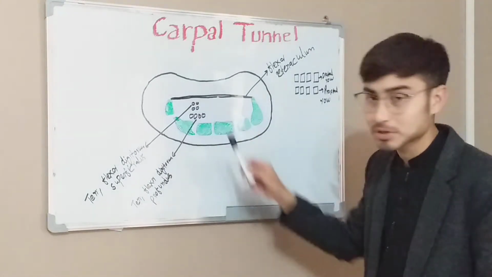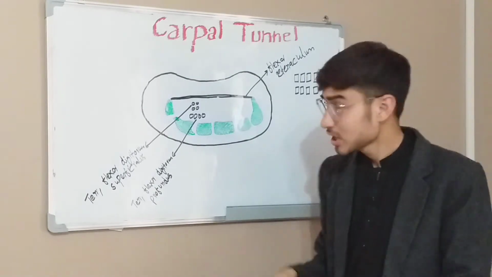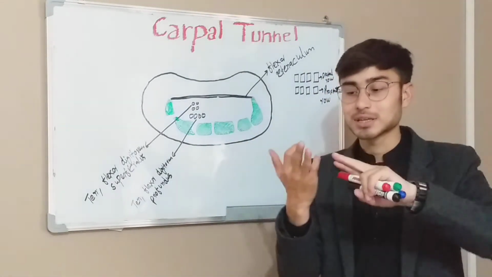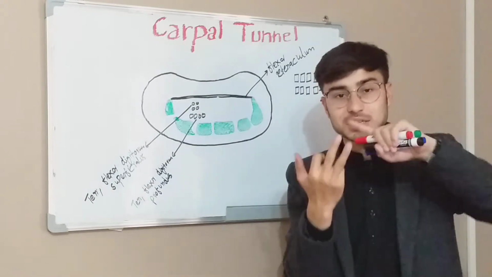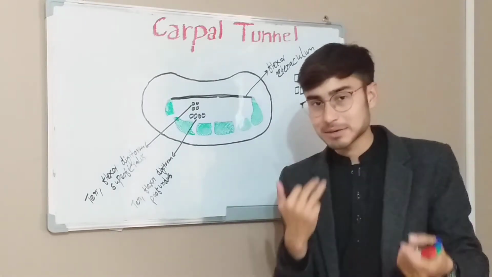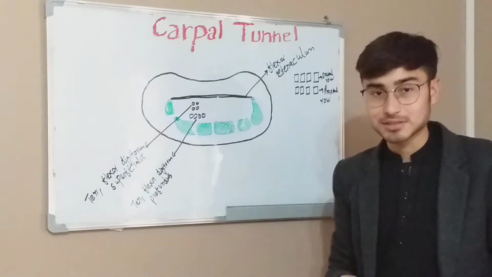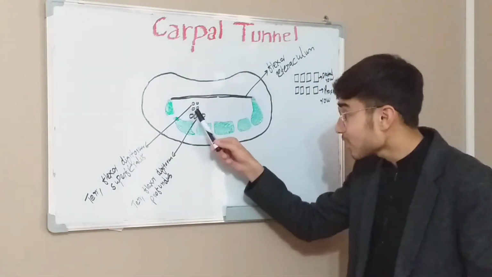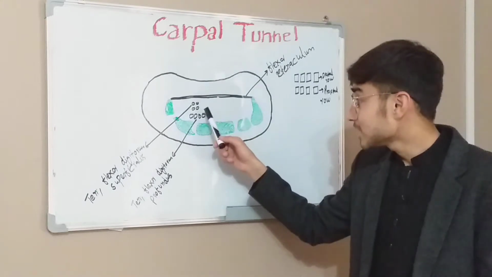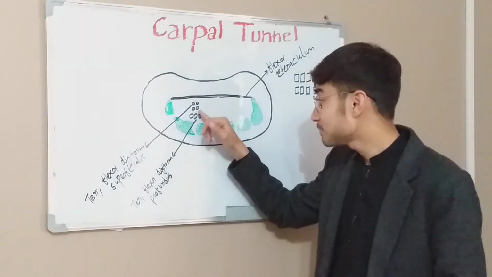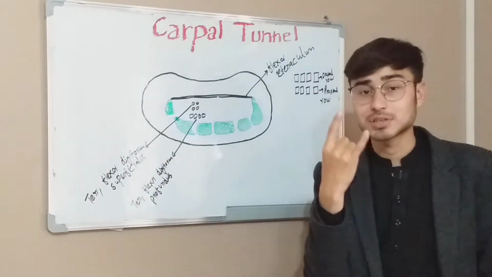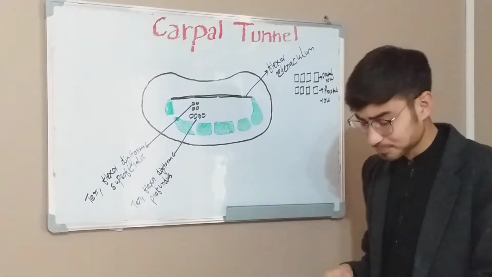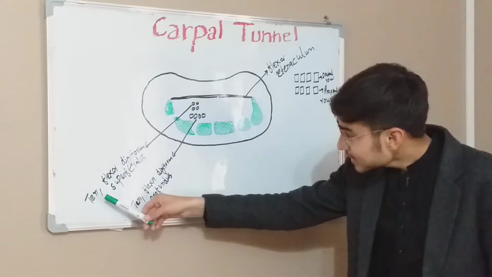One we have the superficial row and one we have the deep row, right? So the superficial row consists of the tendons that are concerned with the middle finger and the ring finger, right? And the tendons of the deep row are concerned with the little finger and the index finger, right?